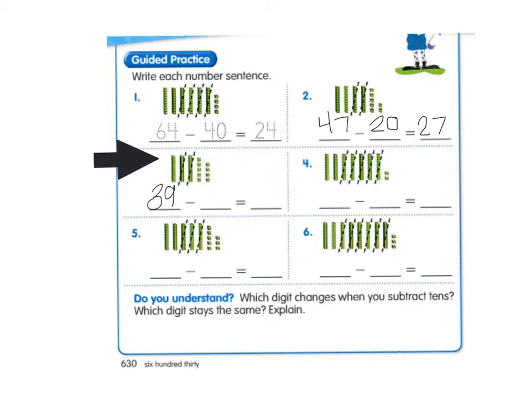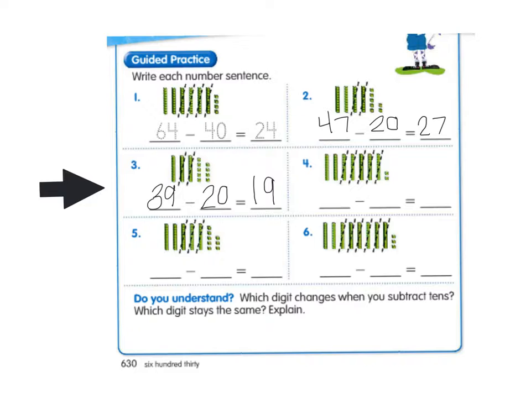I know 2 tens is 20, so that is my number that's going to go in my next space. Okay, and when I count again, I don't count the crossed out ones. 10, 11, 12, 13, 14, 15, 16, 17, 18, 19. Okay, so my difference is 19. 39 minus 20 equals 19.